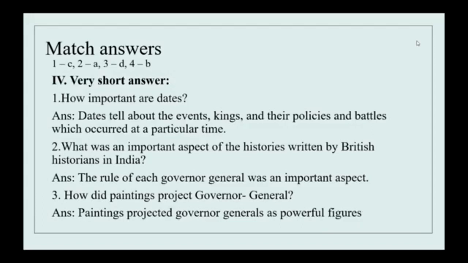The second one is, what was an important aspect of the histories written by British historians in India? Generally, British historians gave more importance to the governor generals. So, the rule of each governor general was an important aspect.